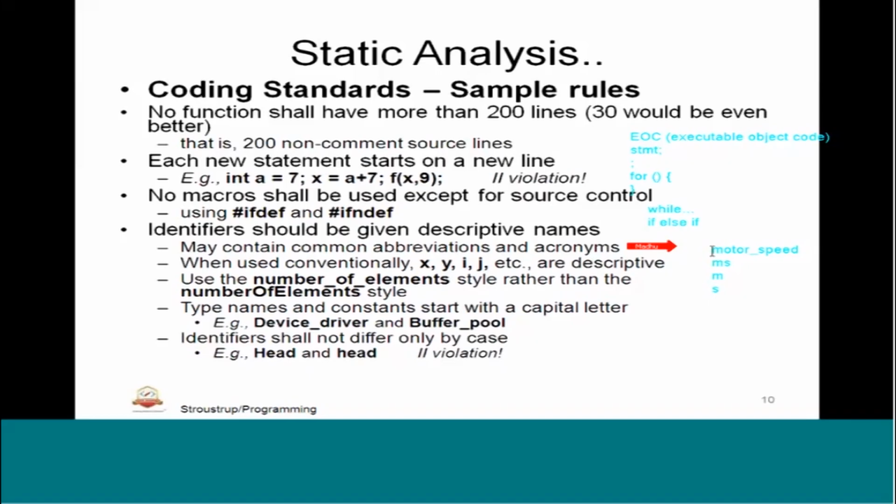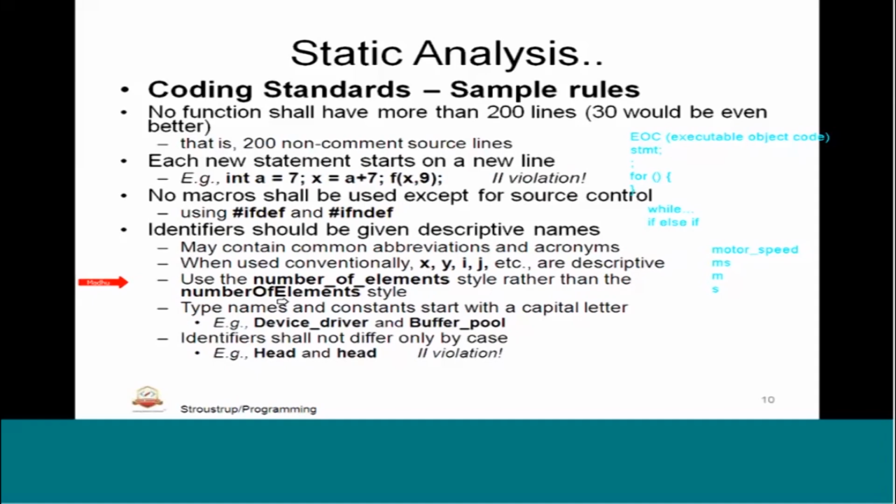Hence it is better to have meaningful names for the identifiers. It can contain common abbreviations and acronyms. When used conventionally, X, Y, I, J, etc. are descriptive, but it is better to use a number-of-elements style. So avoid all these single letter names.